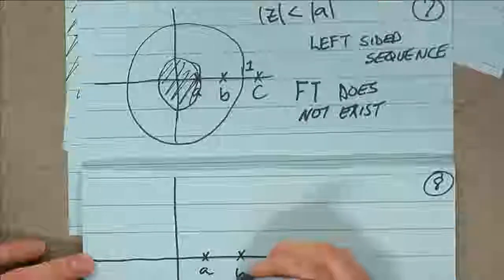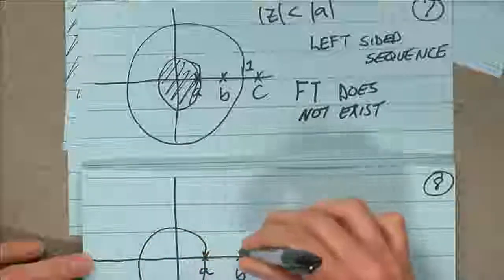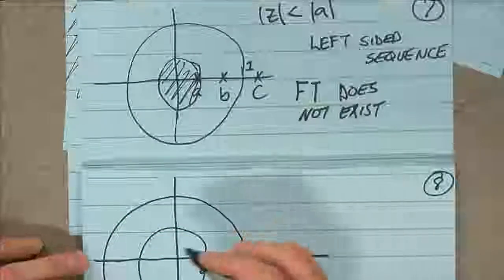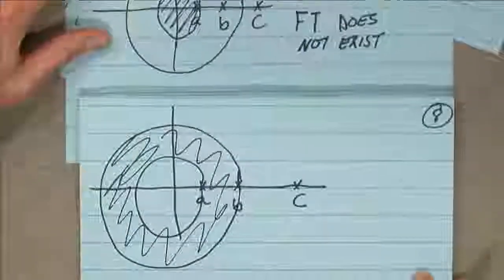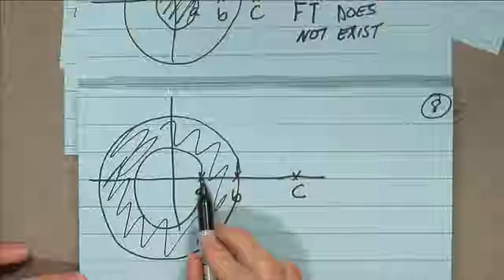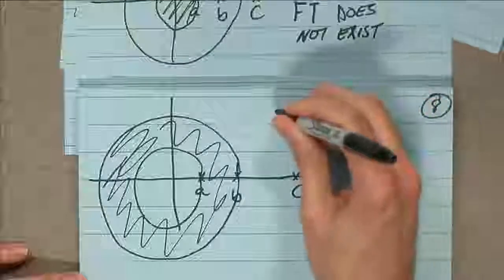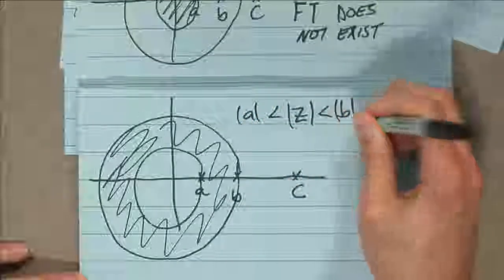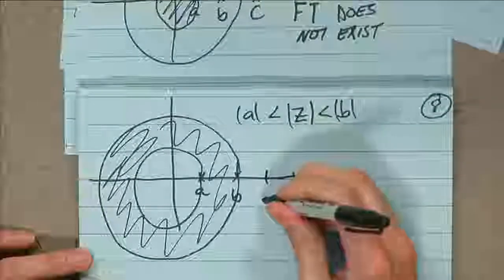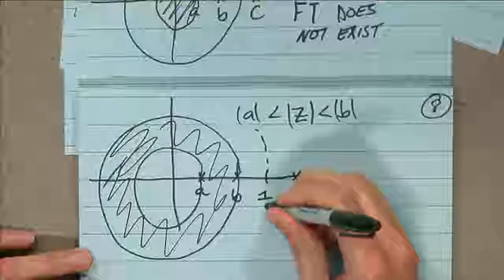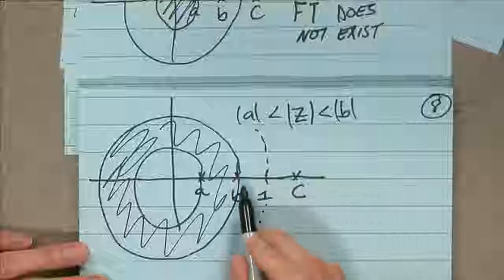A, B, and C. So another possibility is that it's all Z greater than A less than B, and we'll put magnitudes on everything. So we're in there. And since, as I said, the unit circle is in that position, we also know that the Fourier transform does not exist, but first, is it right or left-sided?